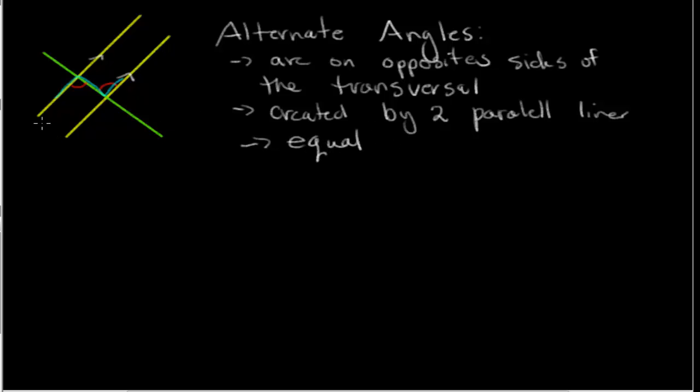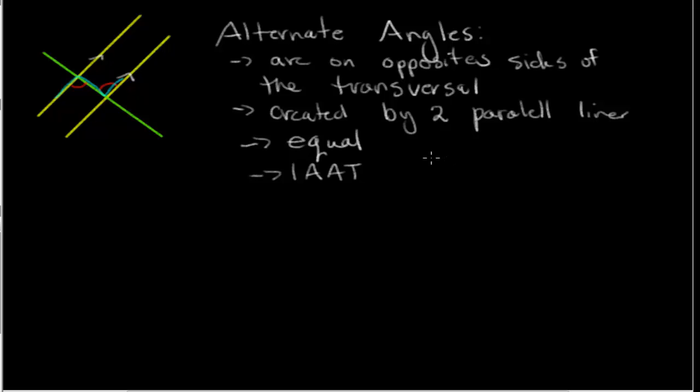Okay, and we have two types. We've got alternate interior, which is interior, so the red. I'm just going to draw a little diagram.